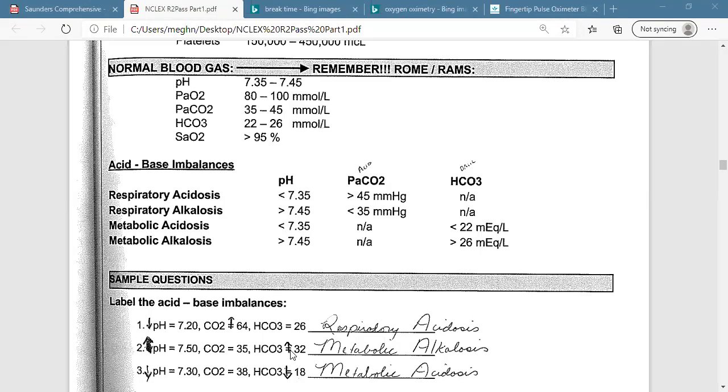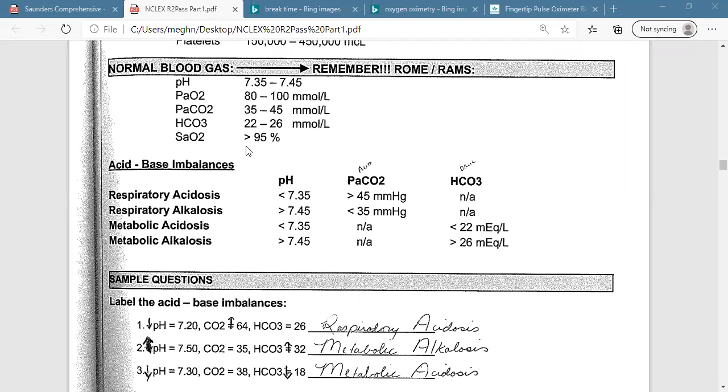But bicarbonate ion is less. It is only 18, and normal is 22 to 26. First of all, it is an acidosis problem because it is less than 7.35, and carbon dioxide is normal, so there is no respiratory problem, and bicarbonate is abnormal, so this is metabolic acidosis.